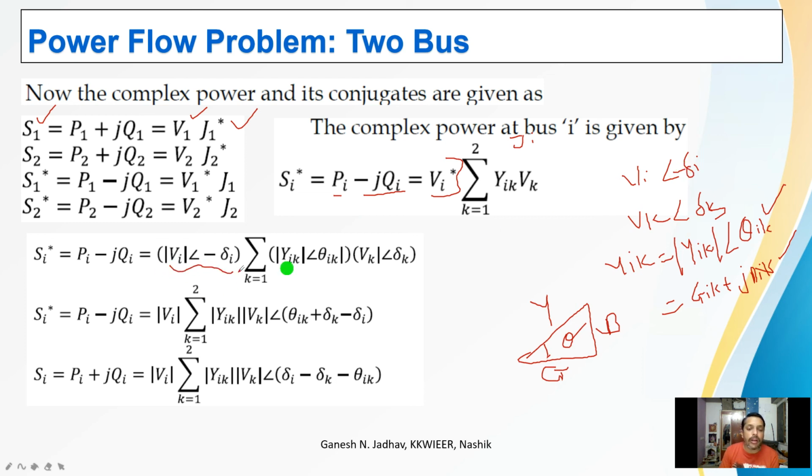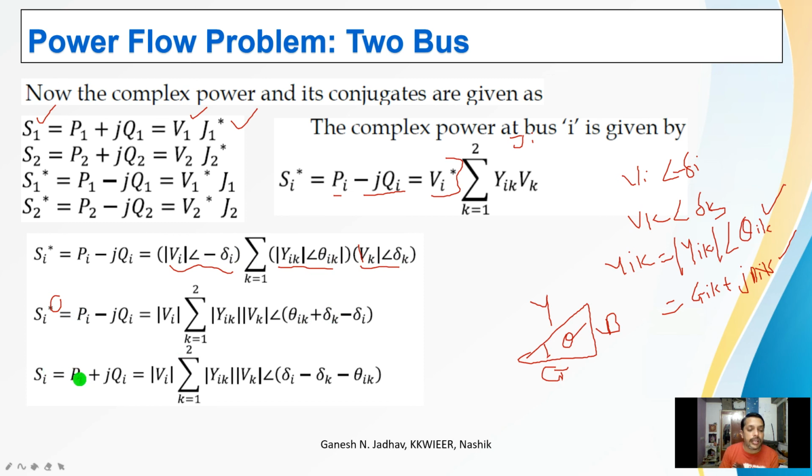So mod of Vi at an angle of minus delta i, Yik at an angle of theta ik, and Vk mod of Vk into angle of delta k. Vk is not taken as a conjugate, only Vi is taken as a conjugate. So I bring this delta i term inside, so that will become theta ik plus delta k minus delta i. Then I will remove this conjugate term.